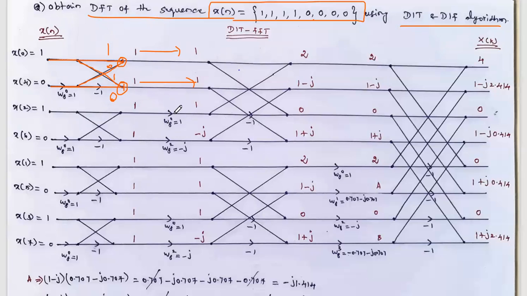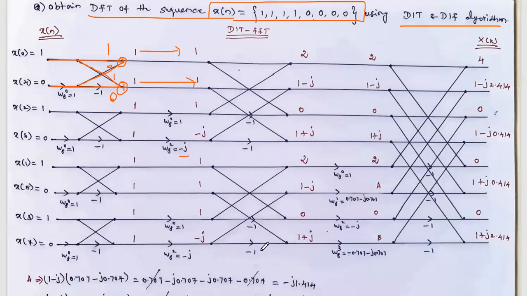What is this twiddle factor? W8 power 0. So the W8 power 0 value is 1. So 1 into 1 is 1. Similarly, here the twiddle factor is W8 power 2. So you know the value of W8 power 2 is minus j. So 1 multiplied with minus j. Okay, so in the second stage, for this first 4-point butterfly, the input is 1, 1, 1, minus j.